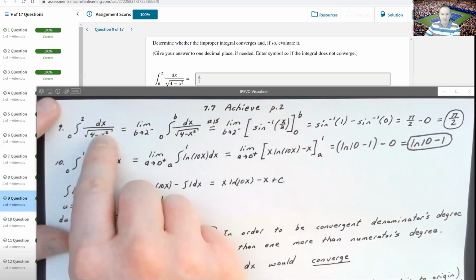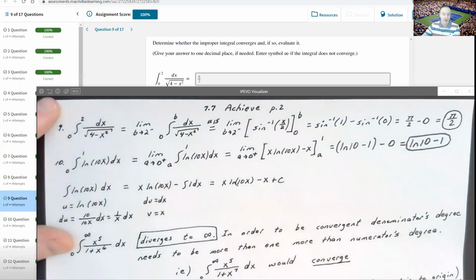It's more difficult to integrate when the inside term is a quadratic, and I don't have an x term in the numerator to use substitution like I did in the last problem. Instantly, I recognize, hey, since it's a squared minus x squared, I could let x equal 2 sine theta, and this problem would work out wonderfully.